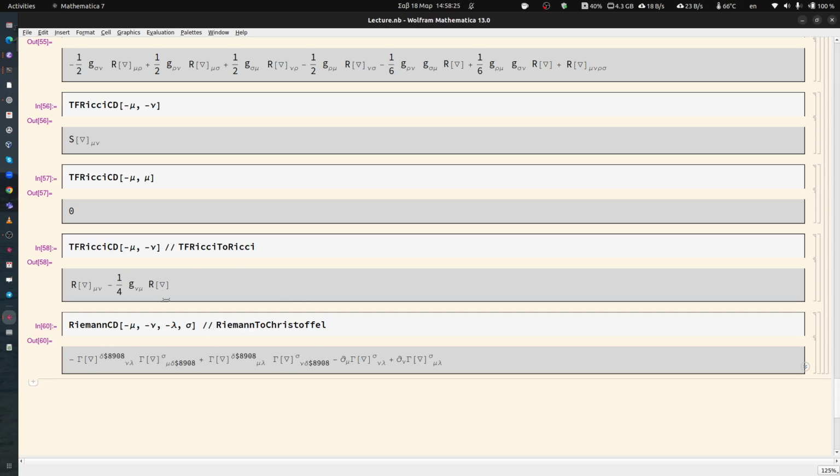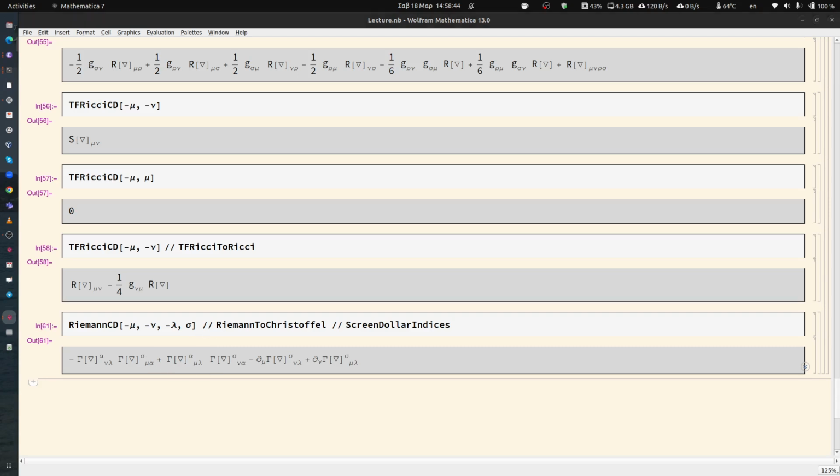So we obtain this expression here. It has those ugly dollar indices here, and as we have shown in the previous video, we can make them go away by using the function ScreenDollarIndices.